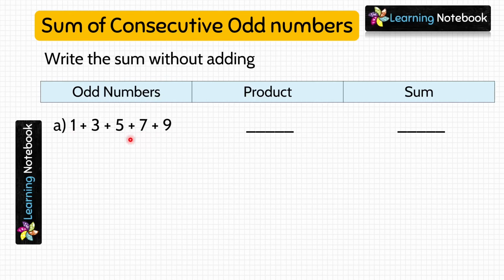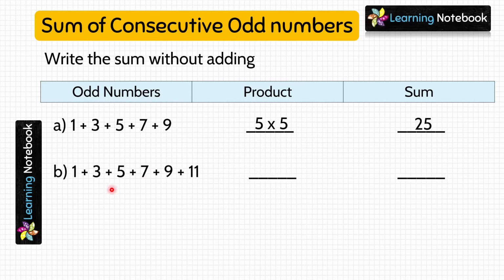So these are the first 5 consecutive odd numbers. So we can write them as 5 into 5, which is equals to 25. So we got the sum of these consecutive odd numbers without even adding them.